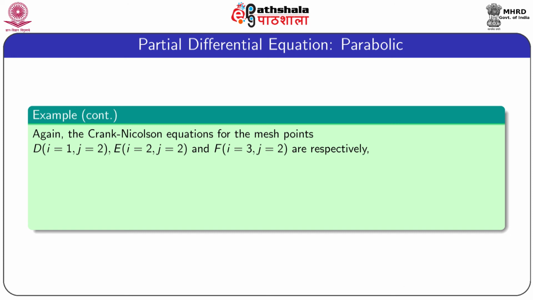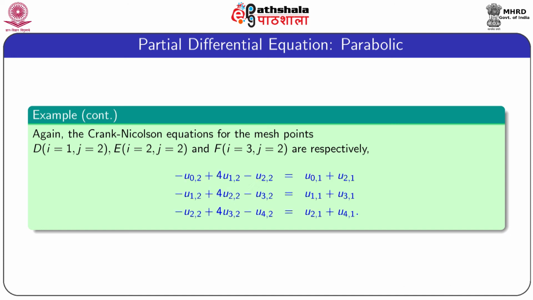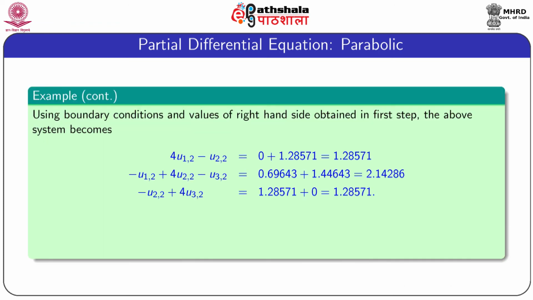Again the Crank-Nicholson equations for the mesh points D, E and F for different values of i and j are respectively these three equations. After substituting the values of u that appear in the right hand side of the equations, we get the following three equations.